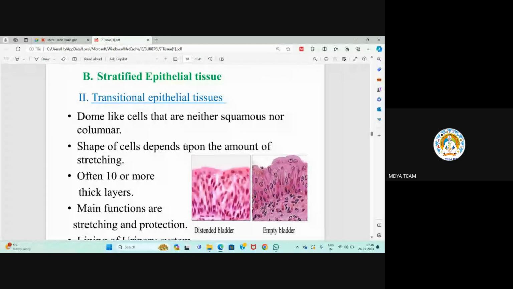So, transitional epithelial tissue is composed of dome-like cells that are neither squamous nor columnar. Okay, they are dome-like shaped. You understand the word dome?